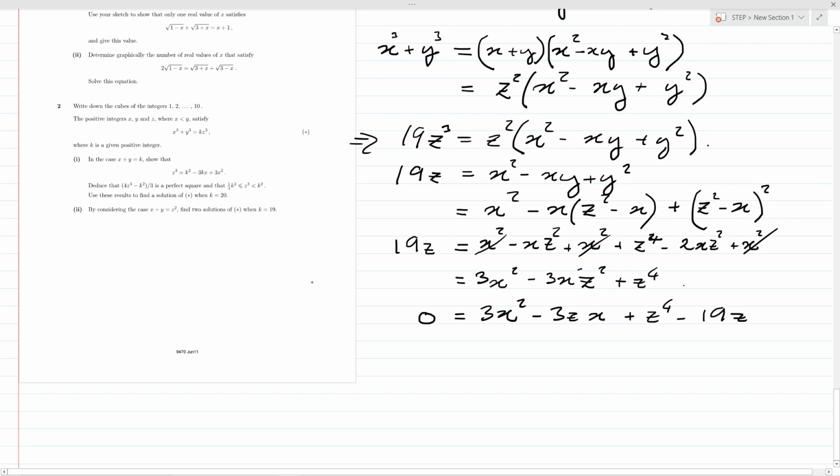But what we're going to do is just use the quadratic formula, and what we'll get is x is going to be equal to 3. So it's going to be 9z squared, isn't it? Because this is going to be b squared, so it's 9z squared. So I apologise.